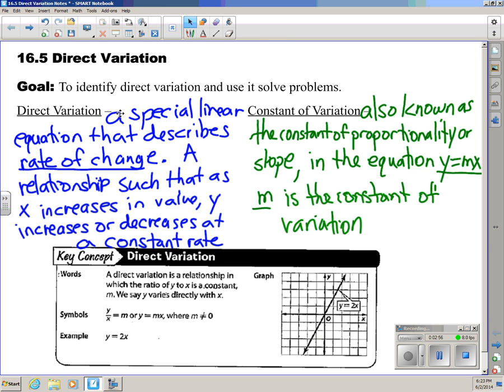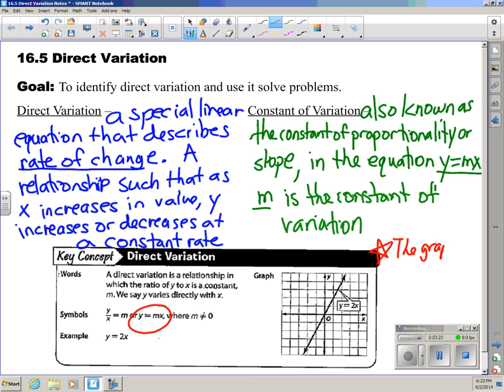The equation down here in words in the key concept: a direct variation is a relationship in which the ratio of y to x is a constant m. We say y varies directly with x. Here's the equation we care about: y equals mx. This is a graph of a picture. You'll notice one thing about the graph.